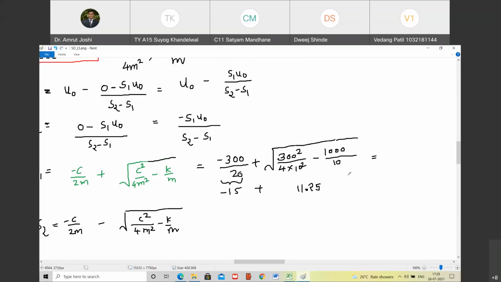You can unmute and tell me, or you can tell me on the chat box. Meanwhile, Vedang, you tell me the value. How much is this? Minus 3.75. And this value is going to be minus 15 minus 11.25. Do you agree with me? Yes. So how much is that? Tell me. Minus 26.25.